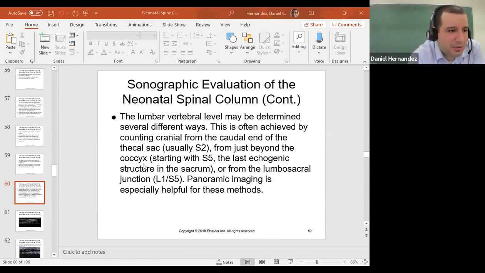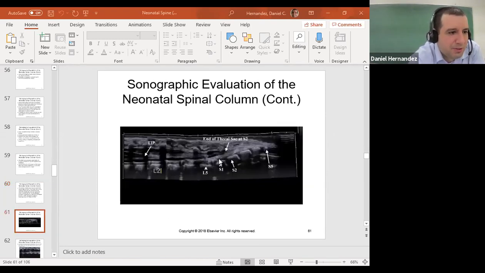This last echogenic structure in the sacrum is S5. Or from the lumbosacral junction, where I mentioned you saw that tilting change in direction of the spine where it moves more posterior. So that's the lumbosacral junction between L5 and S1. Again, panoramic imaging is especially helpful for these methods.